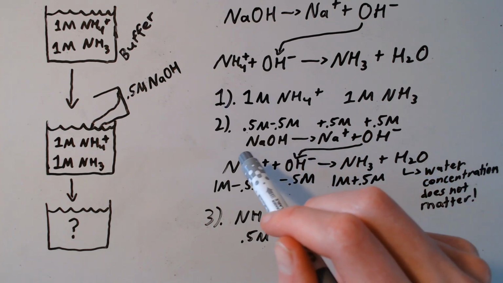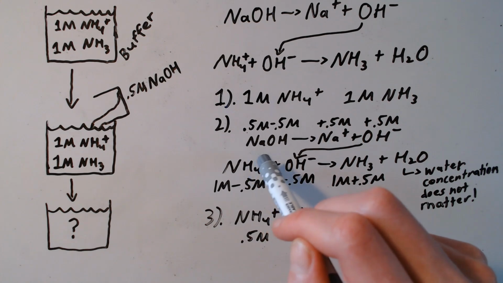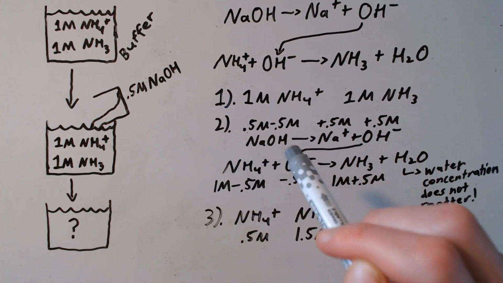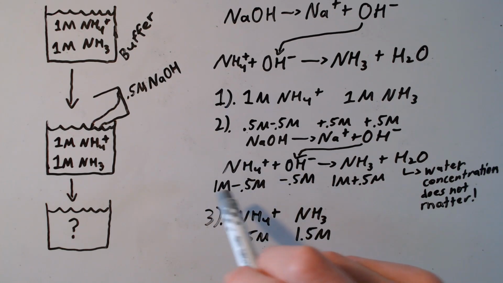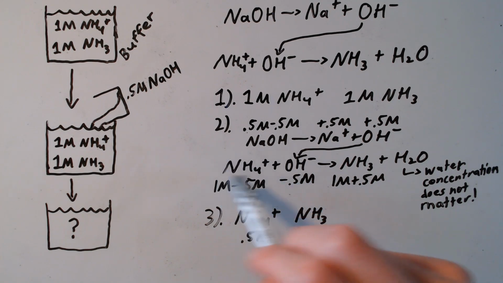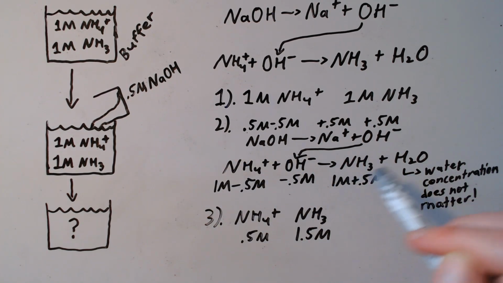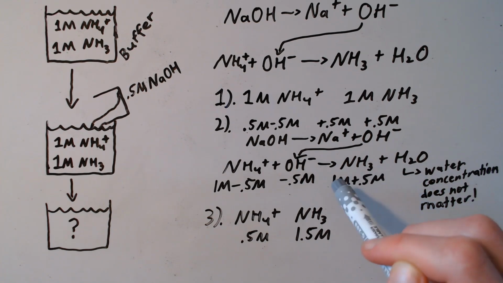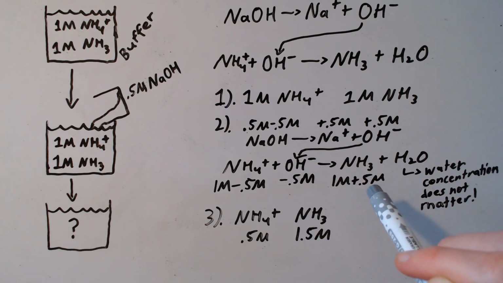And because 0.5 molar of NH4 plus gave H pluses to OH minus, the concentration of NH4 plus decreases by 0.5 molar. And we only have the other portion of it left without the H, so there's 0.5 molar NH3 formed. So originally we had 1 molar of NH3, now there's an additional 0.5 molar formed to it.